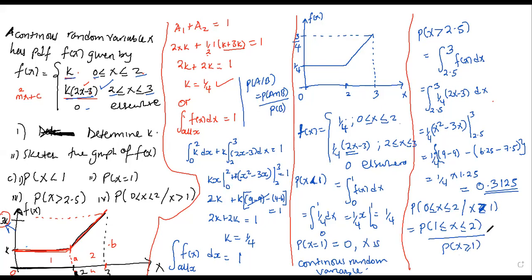So this upper one can be identified straight away. Teacher, I haven't understood what you are writing there. Can I use the next page so that I don't rub off? The question says probability of 0 less than or equal to x less than or equal to 2, given x is greater than or equal to 1.